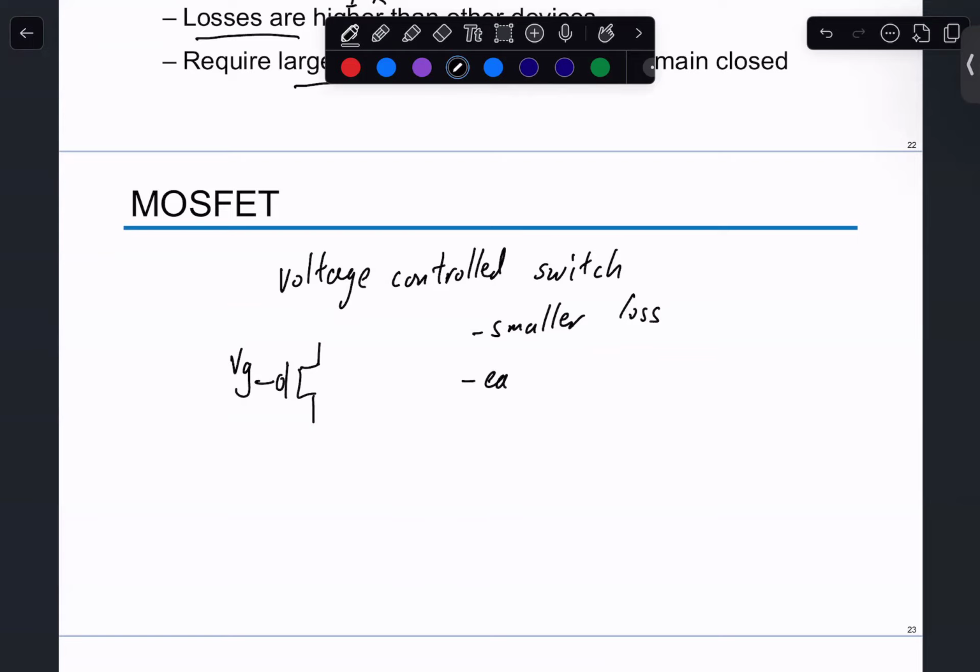It's also easier to drive voltage. The way a MOSFET works is that the gate is insulated, so even if we apply a voltage, there is no current flow. Therefore you don't need a gate driver that has power coming out of it.